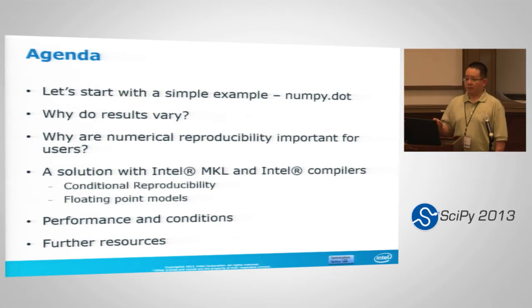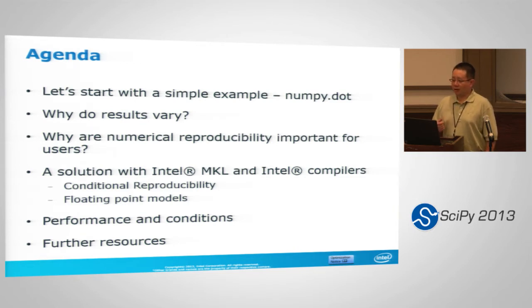Alternatively, people can also purchase commercial linear algebra packages like the Math Kernel Library from Intel and link that with SciPy and NumPy. The benefit, of course, is performance. You get a lot better performance. We will see that in a moment. That gives you my background and explains why I'm here.